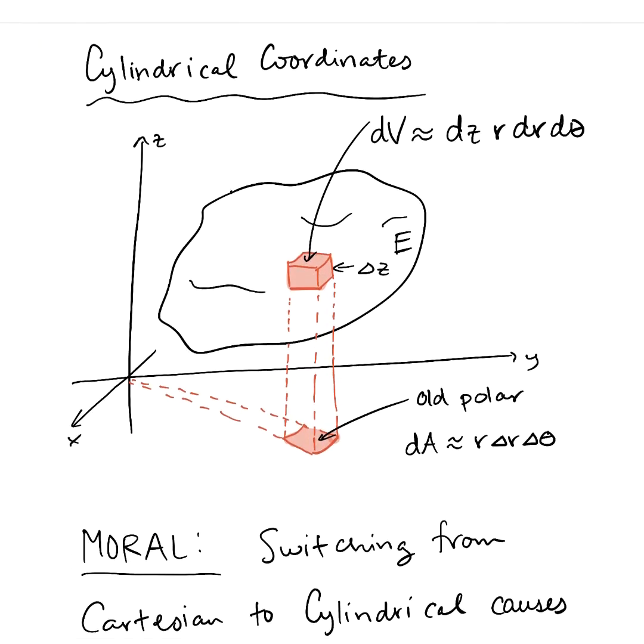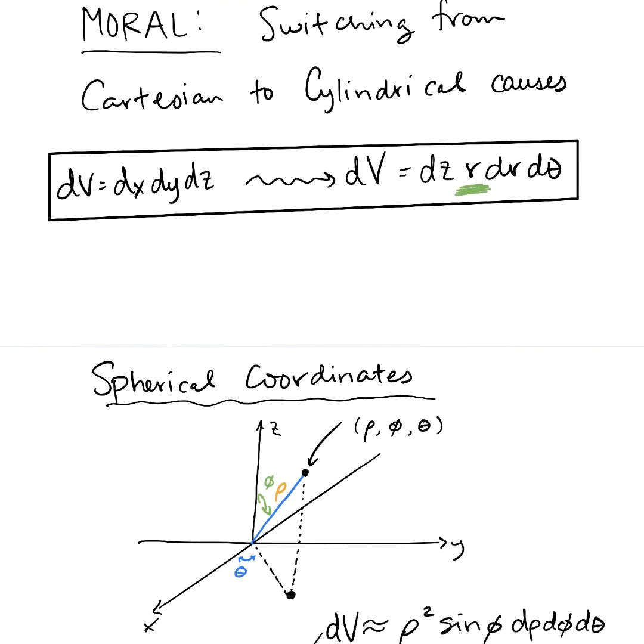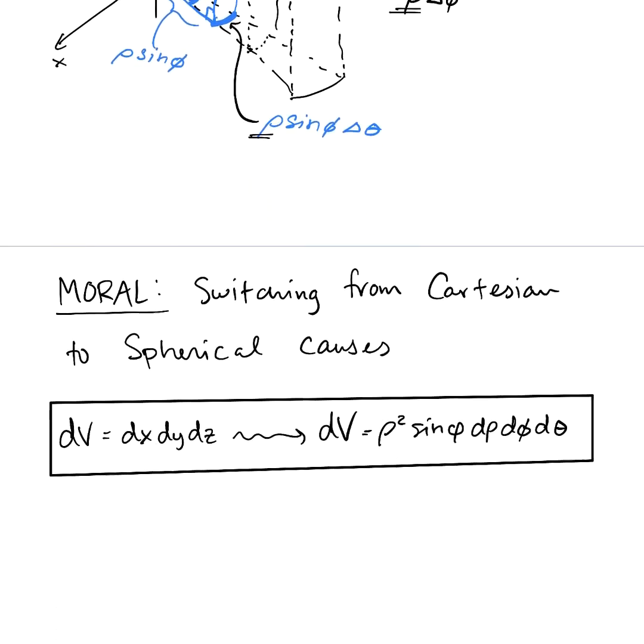Here in triple integrals, if you switch from Cartesian to cylindrical, the cost is r again. And you're still sort of a pirate, only you have to say dz. dz r dr d theta. And if you switch from Cartesian to spherical, there is a cost.